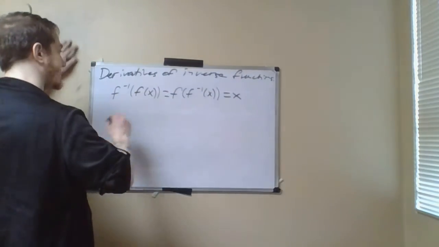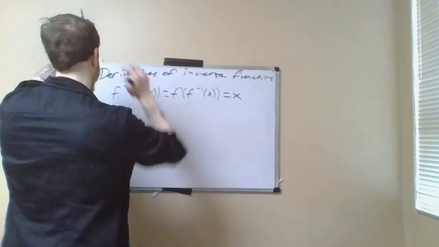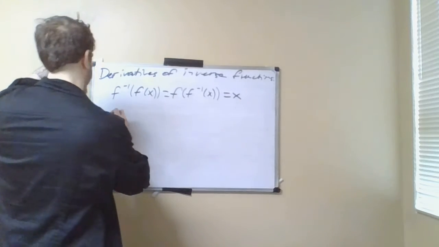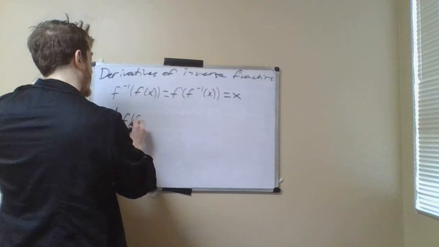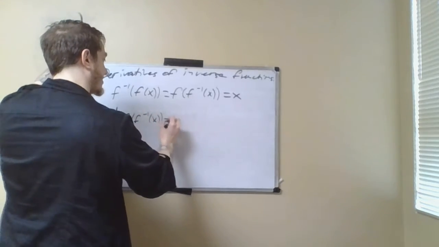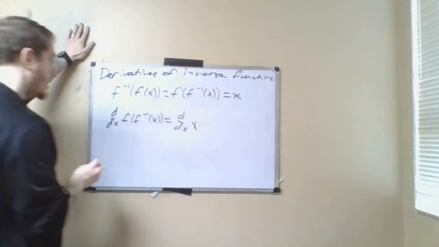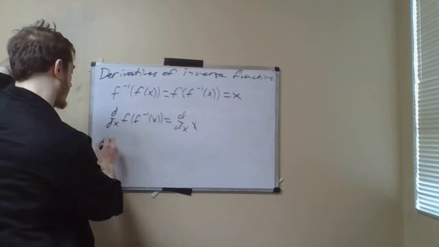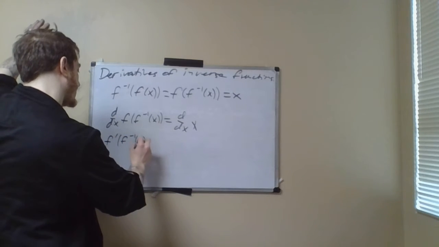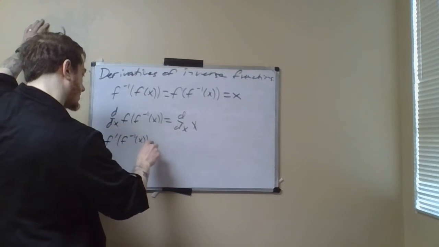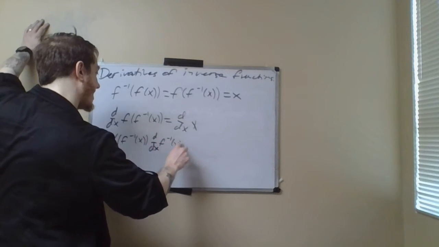So what they do is they take this expression here. They note that if we take the derivative of f composed with f inverse of x equals the derivative of x, then what we get on the left from the chain rule is f prime composed with f inverse of x times the derivative of f inverse of x.